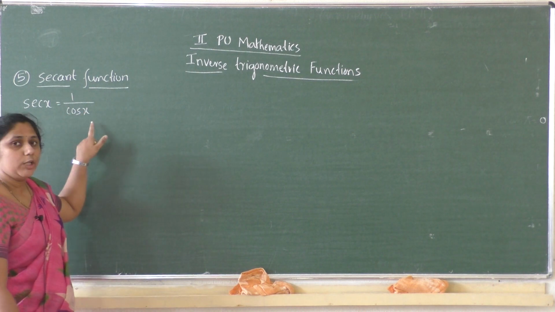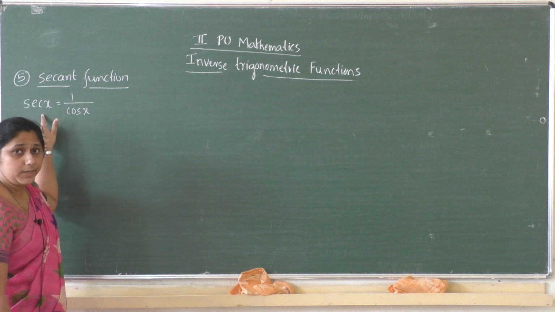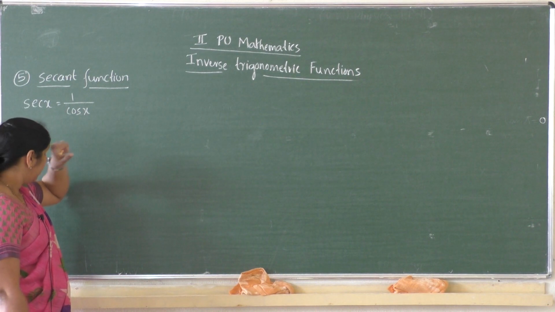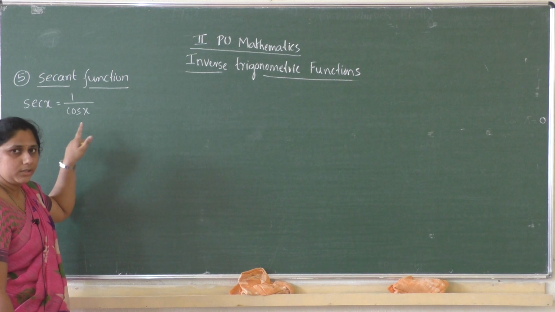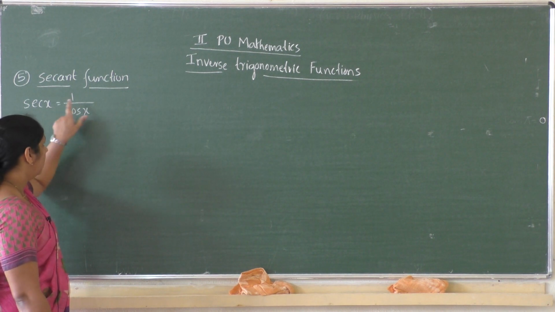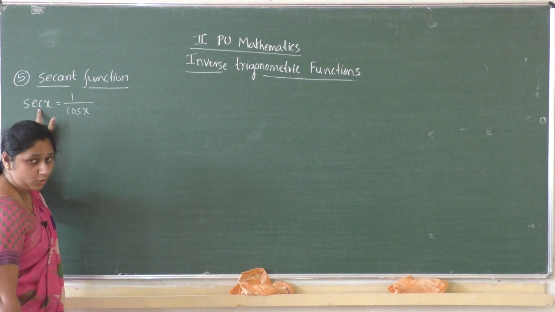If cos x value is 0, then sec x will be not defined. So when cos x equal to 0, when x is odd multiple of pi by 2, then cos will be 0, hence sec x will not be defined, right?